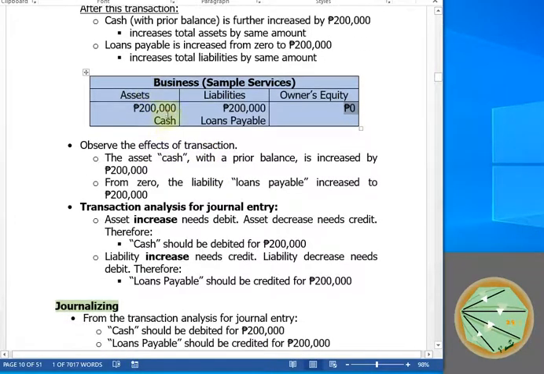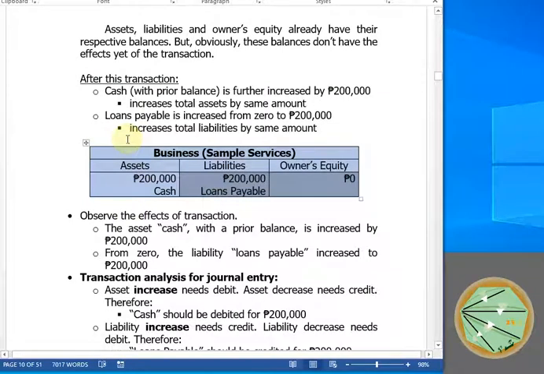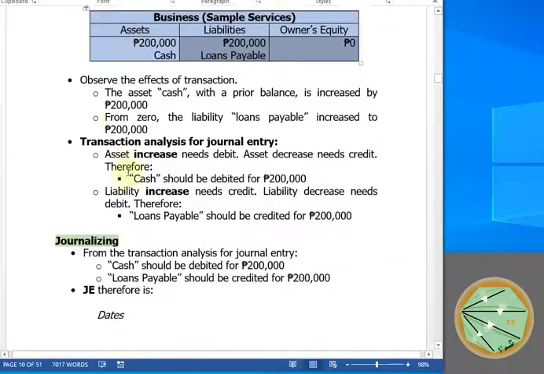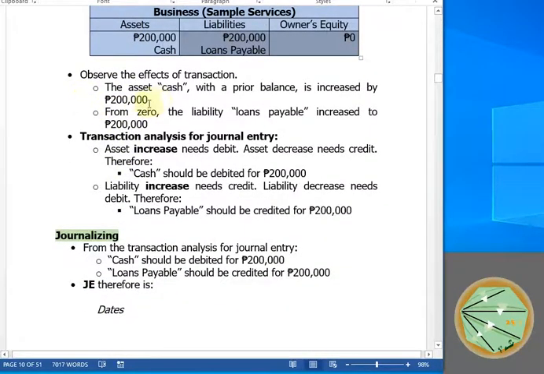So that is how the transaction affected the accounting equation, and as you can see, the equality here is always maintained. 200,000 on the asset side is equal to 200,000 plus 0 on the liabilities and owner's equity side. So again, as I have said and already explained previously, the equality of the total debits and credits must be maintained at all times. So now we observe the effects of the transaction.